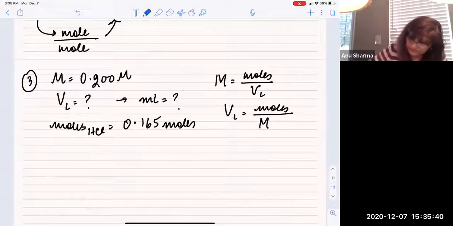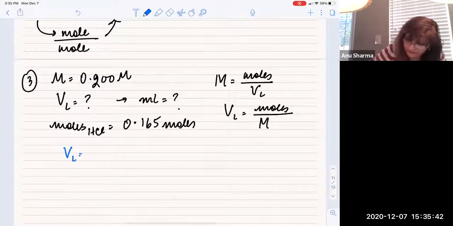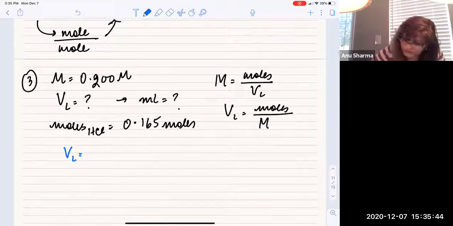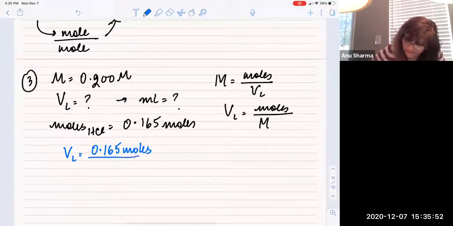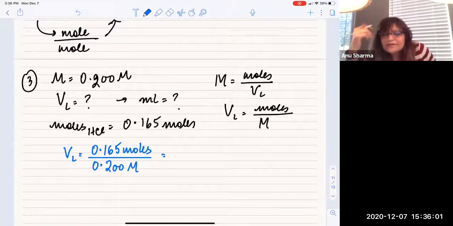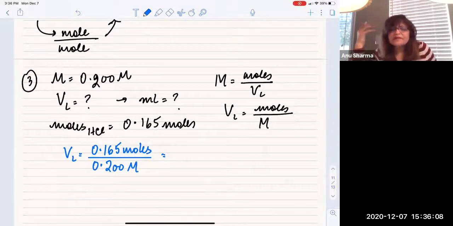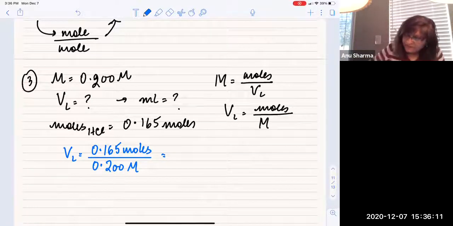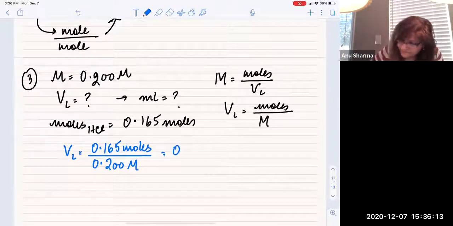So just plug in the numbers. Volume in liters is equal to the moles, 0.165 moles, over the molarity, 0.200 M. What do you get here? 0.165 divided by 0.2 would be 0.825.